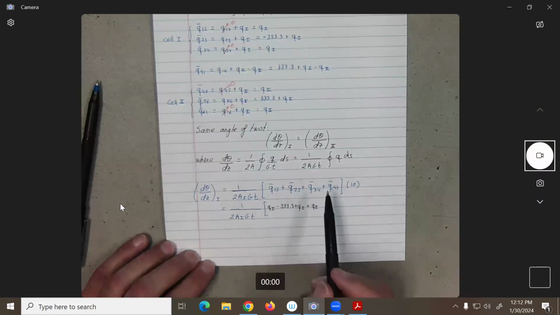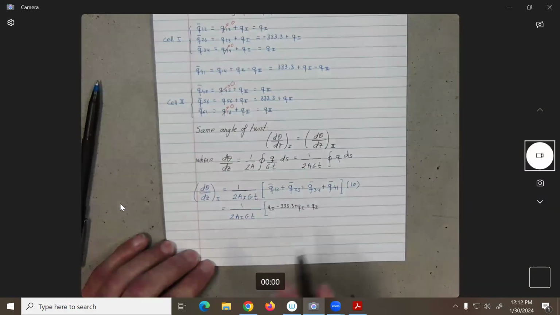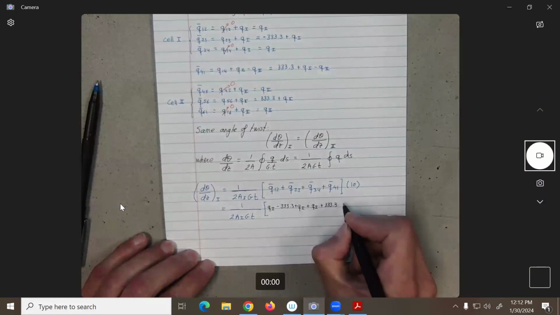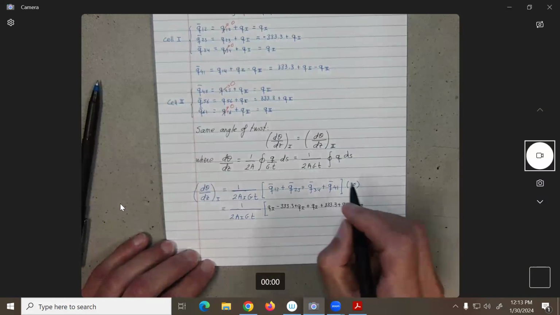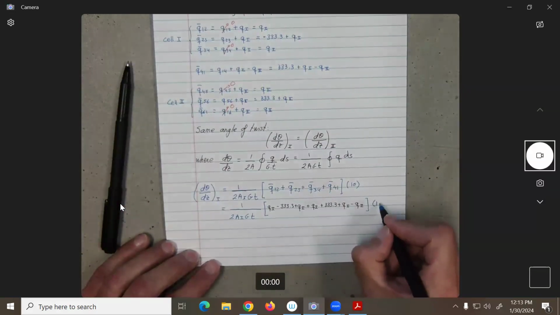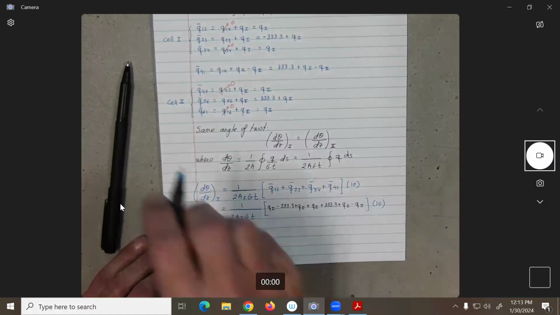Q1. Now be careful, we need to do Q bar what? For 1, no? What is Q bar for 1? 333 plus Q1 minus Q2 times 10. Okay?